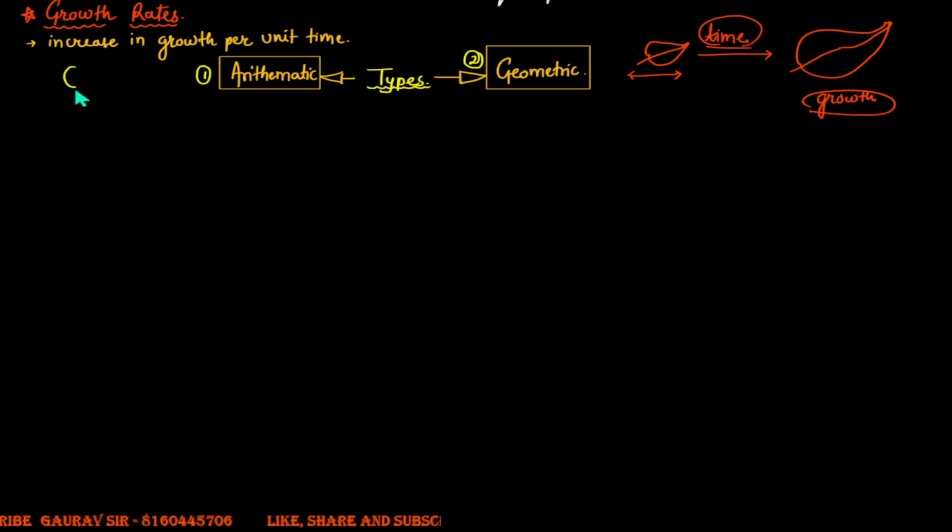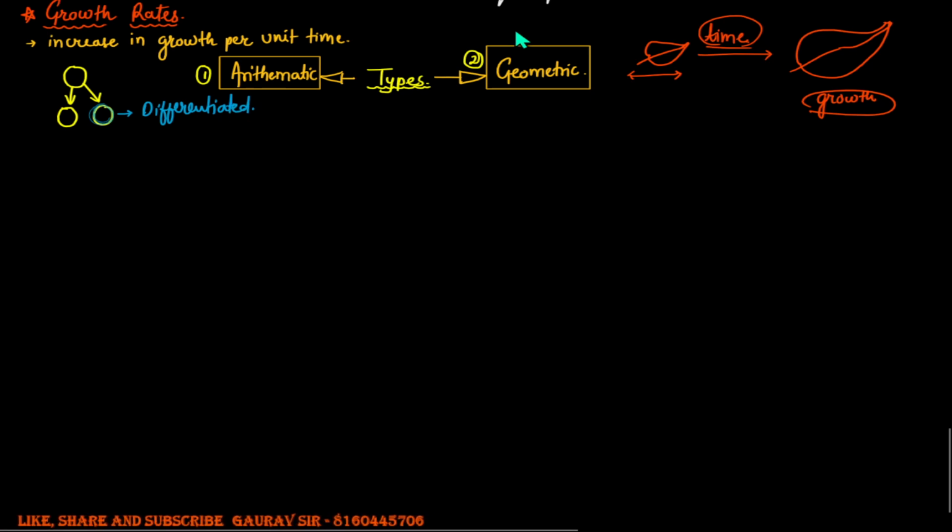We have a meristematic cell. It will divide to form two cells. Of these two cells, one of the cells will get differentiated and lose its ability to divide.